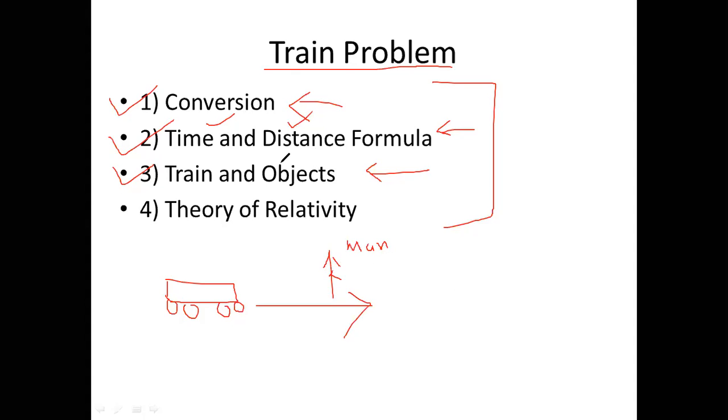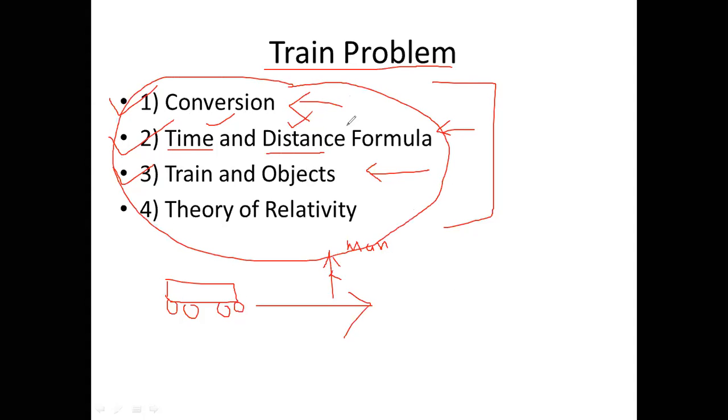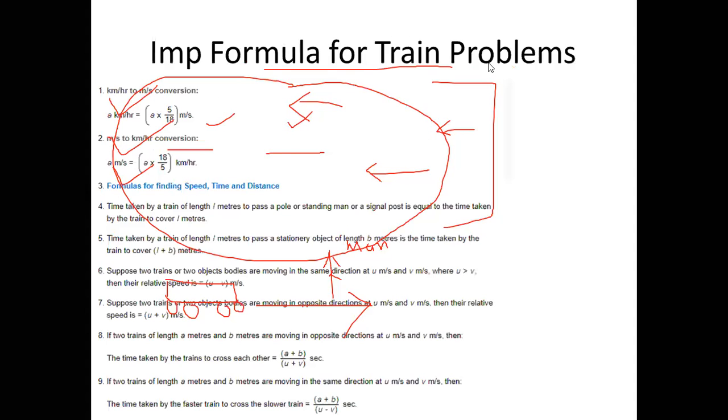Any two might be given to you, and you will be asked to find the third one, right? But before that we need to understand the formulas. So no numericals other than these will come in your train problems, mainly these are what we are going to see, right?